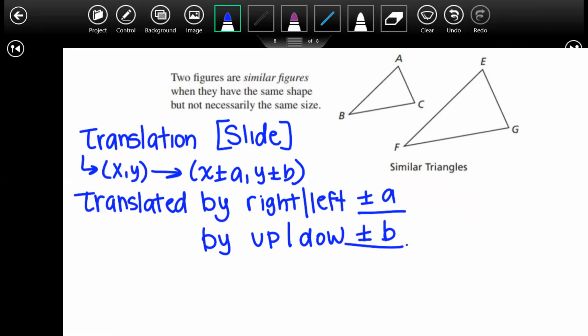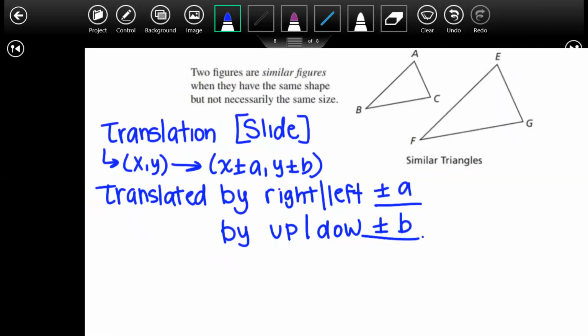So that's how we're going to describe it. It tells us to translate it over by 3, down by 2. We're going to translate it over 6 to the right, up by 5. That's how we're going to describe these. And as long as you're able to describe the translation that's being applied, I'm okay with you guys giving me those explanations. You don't need to give me this mathematical notation for a translated figure, okay?